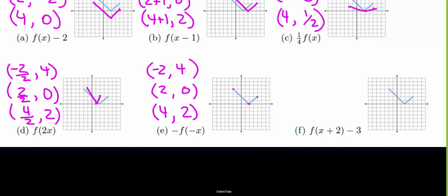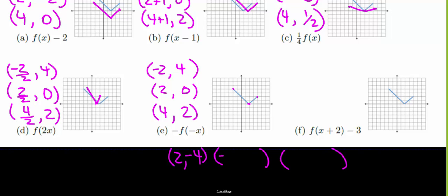Well, we've got 2 things going on. We've got a negative on the outside, which tells us I've got to change the signs of all the y's. And then I've got a negative on the inside, which means I've got to change the signs of all the x's. So let's see what that looks like. Let's see what our points are going to be. We've got 2, -4.